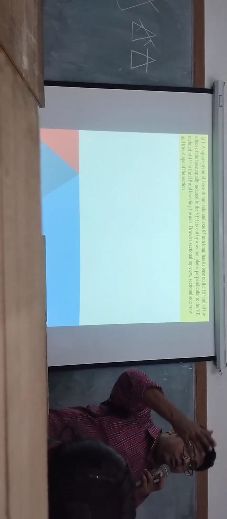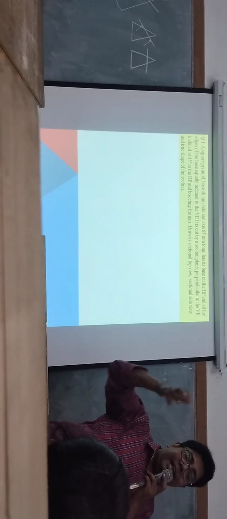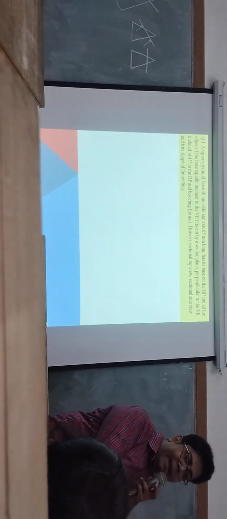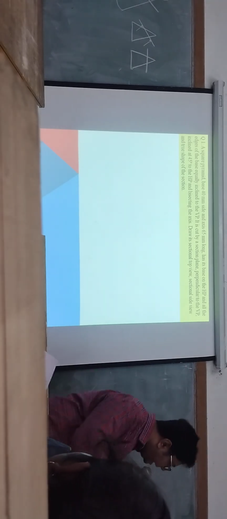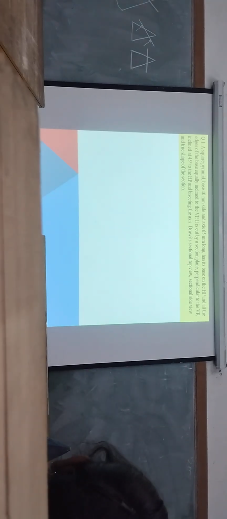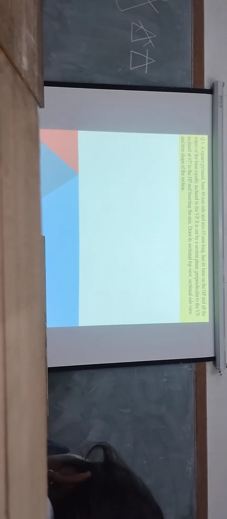Okay, I know all of you know right now how to visualize things. That's why the cutting plane is perpendicular to VP as well as making a 45 degree angle to HP. So, okay, another point is given: it is bisecting the axis. Now, how to draw the front view, top view, side view?